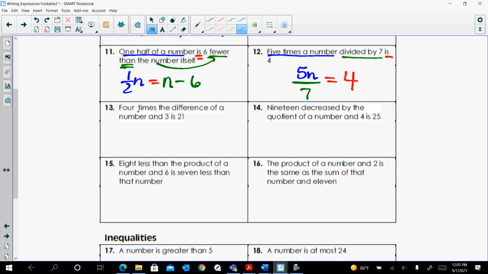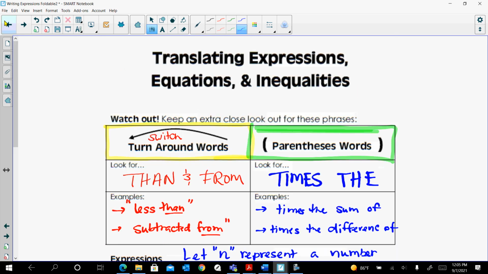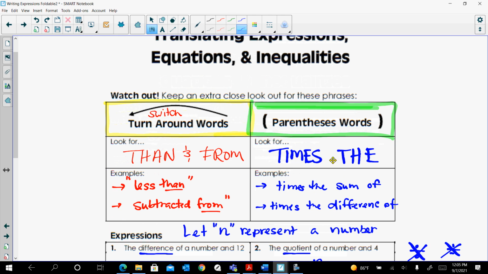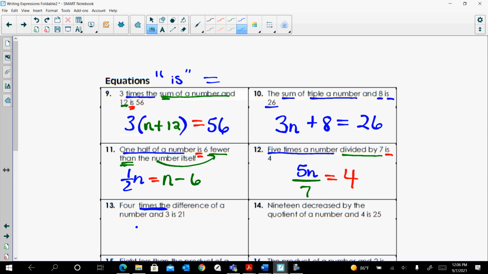Oh, the difference. Because it says times the difference right there. That tells you to do what? Anytime I see this phrase times the difference, you have to do parentheses. That's what I'm trying to get you. These are parenthesis words. So when I read those words, I have to put parentheses. So do your parentheses.